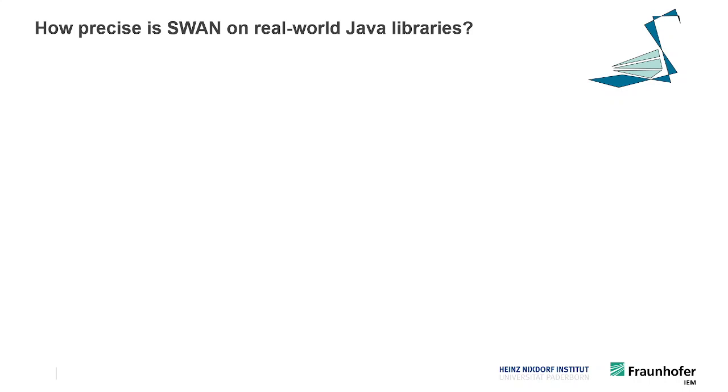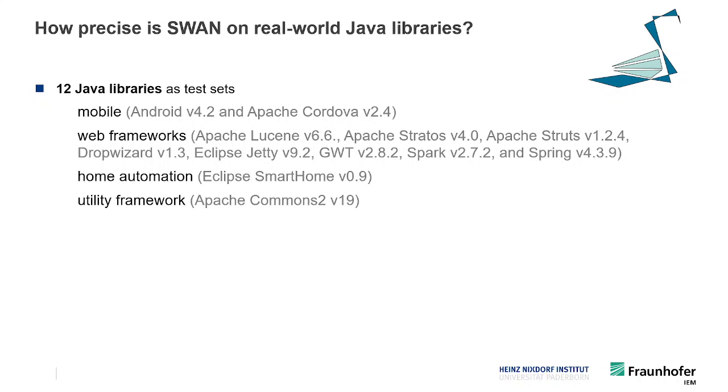You can read the names here, but we tried to cover different domains. We have some examples from the mobile domain, then many web frameworks, because web development is quite important when we are talking about security vulnerabilities, like Spring, Spark, Struts, and so on.